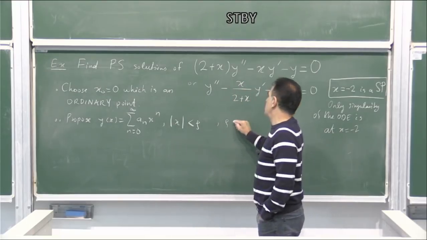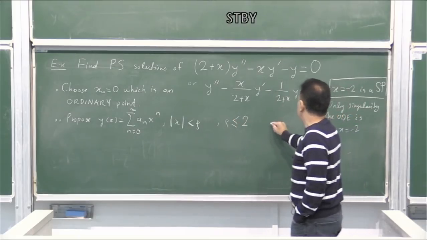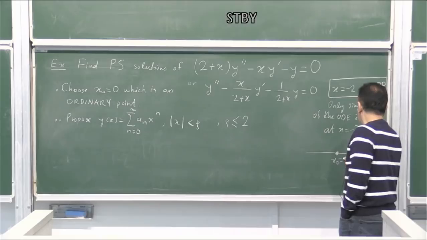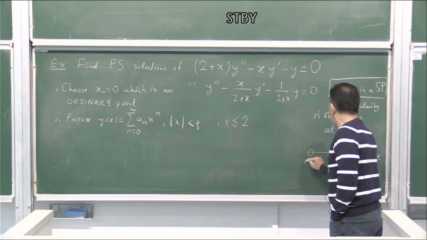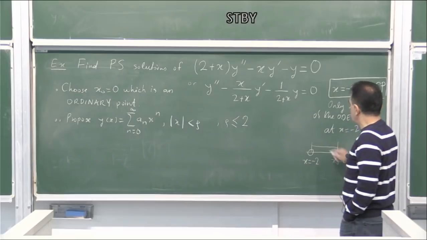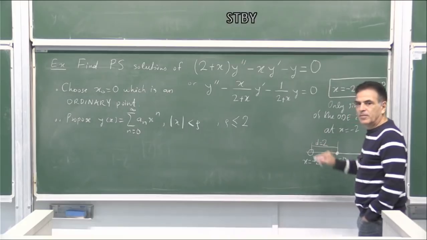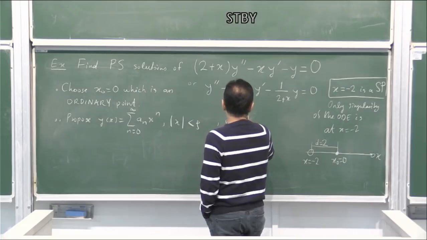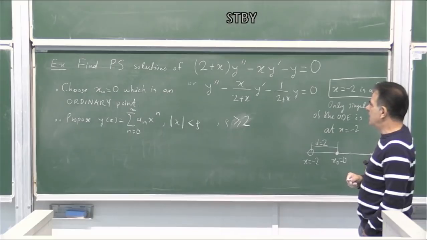At least 2. Good. So the distance, as you see, choosing x0 equal to 0 on the real x-axis, there is only one singularity at -2. So the distance from x0 to -2 is 2. This is the distance. So rho is at least 2. So it must be larger than or equal to 2. Okay? It is at least d.